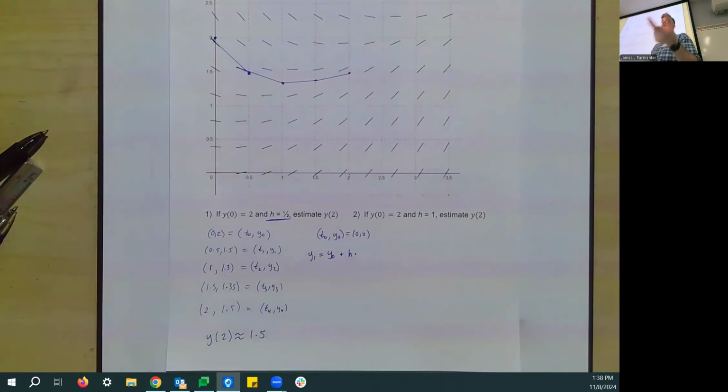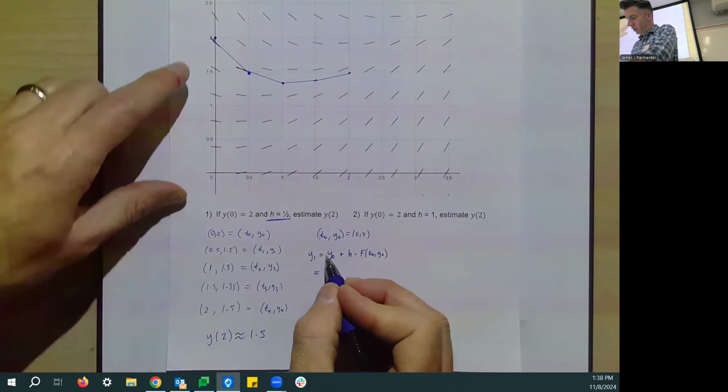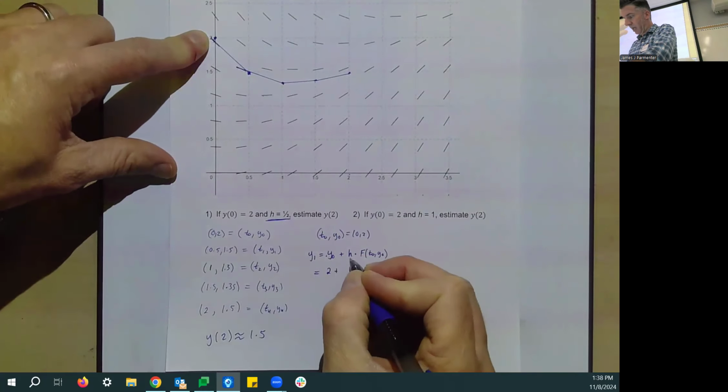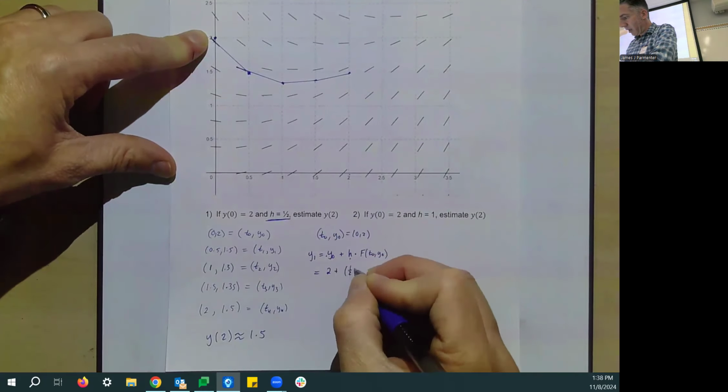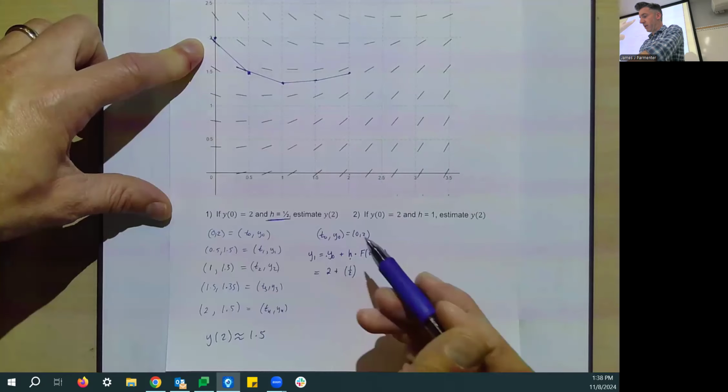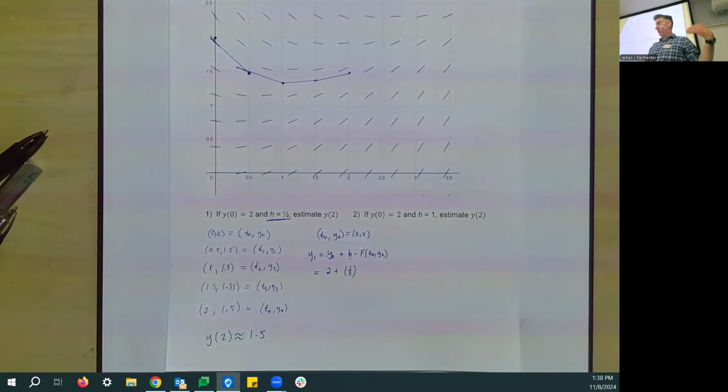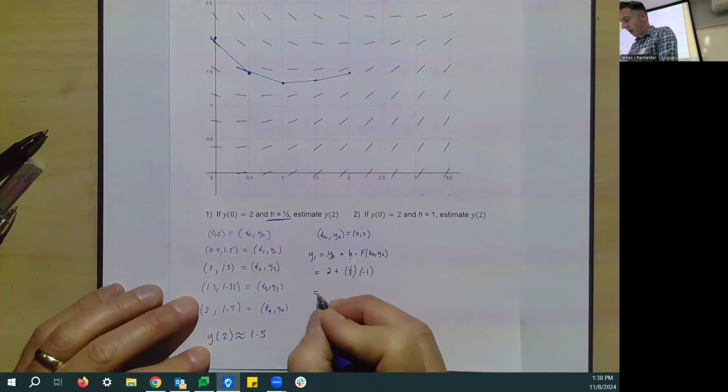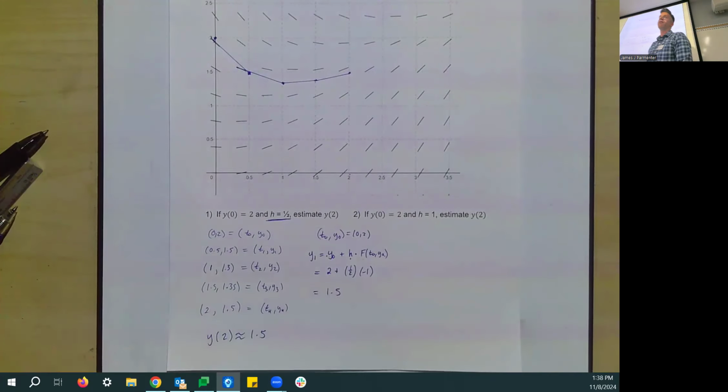In this particular example, my y naught is 2. My step size is 1/2. And again, it looks like the slope of the differential equation there is -1. If you plugged in f of 0 comma 2, you actually have the differential equation, it'd probably be -1. And that's exactly going to give us the next y value of 2 minus 1/2, which is 1.5.